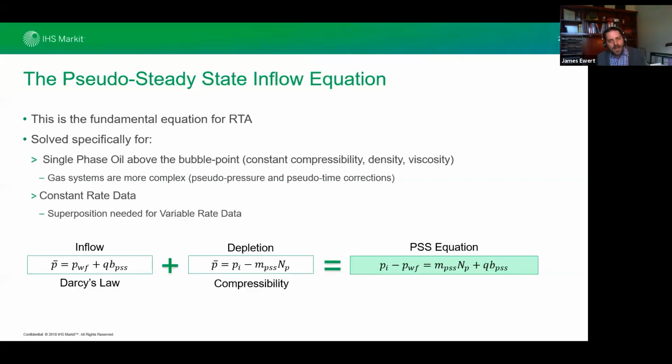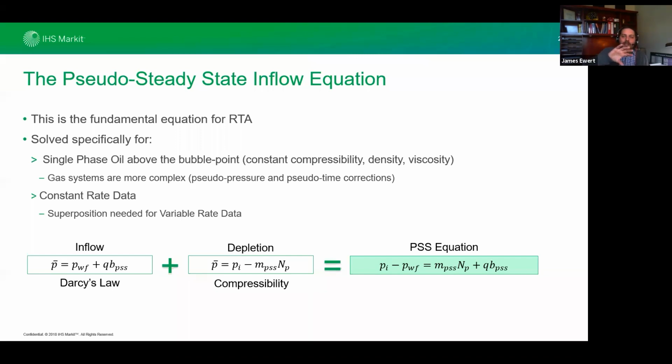The pseudo-steady state inflow equation is the fundamental equation for rate transient analysis. When it was originally solved, you always want to start simple and then make it more complicated after. It was originally solved for single phase oil above the bubble point, because then we can assume a constant compressibility, and a constant density and viscosity. Now, gas systems are more complex, and I'll touch on that a few slides later.